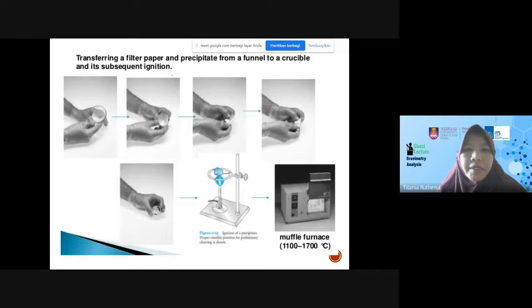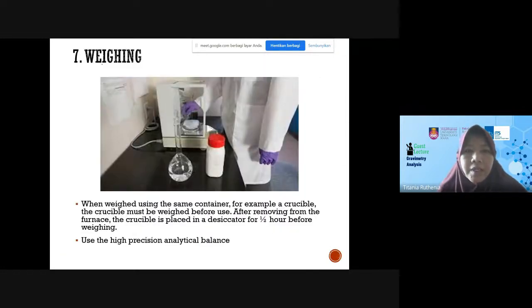So this is transferring a filter paper and precipitate from a funnel to a crucible and its subsequent ignition. After filtering, we can take out the filtration paper, and then we can put it into a muffle furnace. Or we can directly heat it in a Bunsen burner. And this one is weighing. If we want to weigh in the same container, for example a crucible, we have to weigh the crucible first.